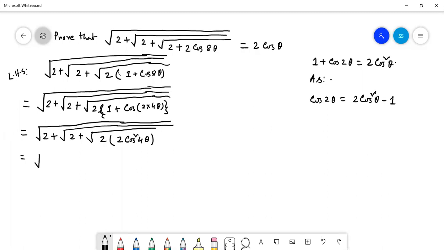Then it can be written as 2 plus root 2 plus, here it will be 4 cos square 4 theta. So after square root it will be 2 cos 4 theta. Isn't it? Yes, sir.